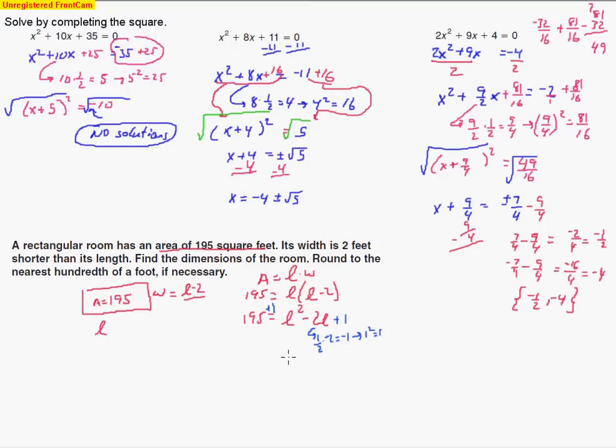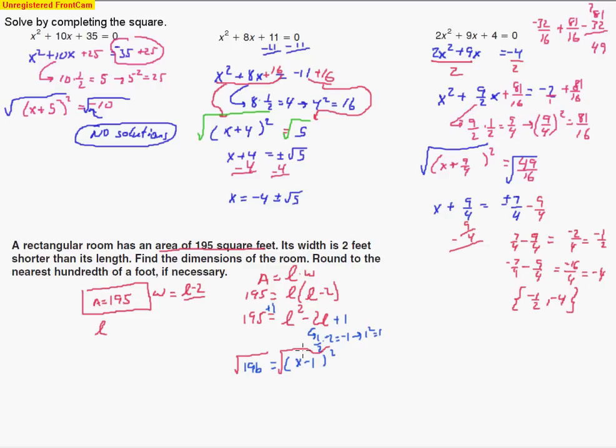So we've got the factored form here. It's going to be a x minus 1 squared, because negative 1 plus negative 1 make the negative 2, and they multiply to make a positive 1, equals 196. And so from that point, we take the square root of both sides. So the square root of 196. And we take the square root of that expression there.